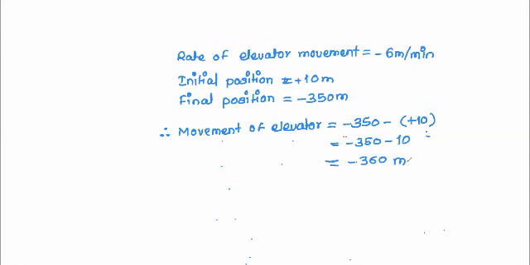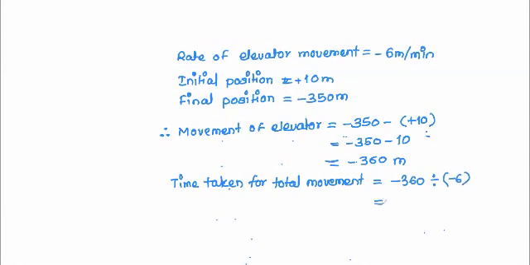Now time taken for this movement. What is the time taken for movement? So time taken for total movement is equal to total movement, which is minus 360 divided by the rate of change of movement, which is minus 6.